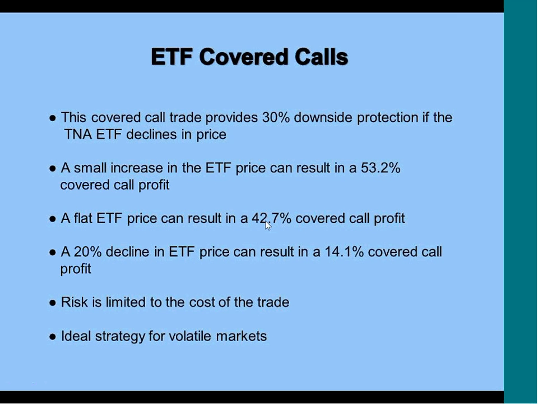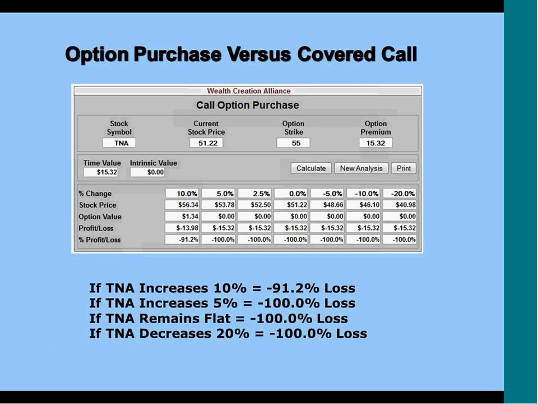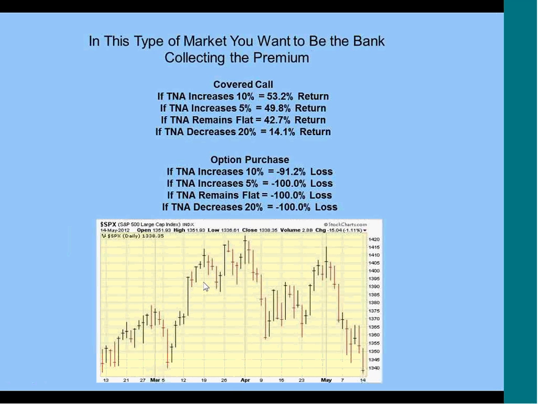So with the covered call, you can still profit even if the ETF is flat or goes down, as opposed to purchasing a call, where the ETF has to move up in price for you to profit. So here's an example. Again, with the covered call, a 10% increase would result in a 53% return.